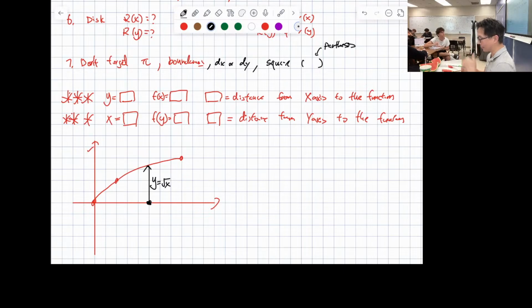That is the distance from the x-axis to the function. Now the distance from here to here is x equal to y squared. That's the distance from this point to the function. And so that helps you generalize everything.